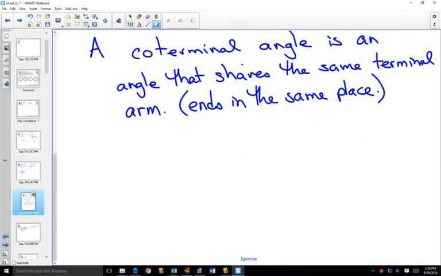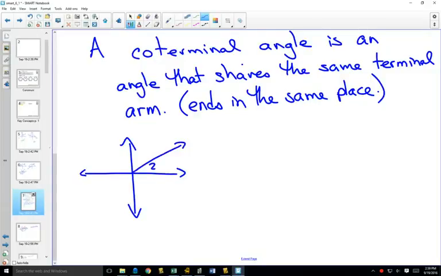As a final example for coterminal angles, let's say I make up an angle of 20 degrees. What's a coterminal angle with 20 degrees? 380 is one. Can you tell me another one? Negative 340. Good. That's our first positive one and our first negative one.